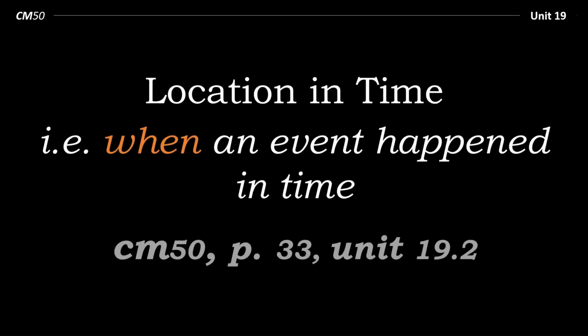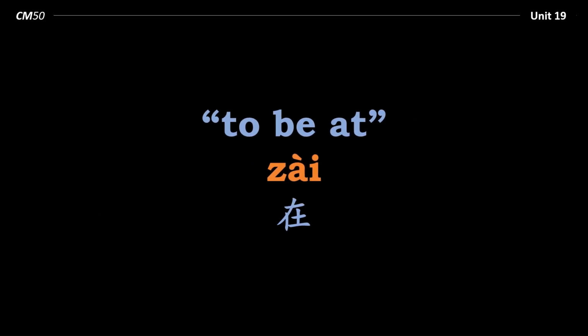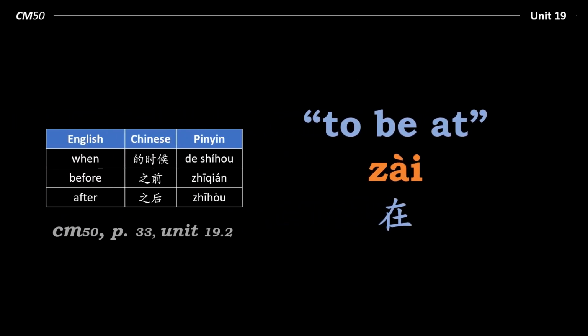How about location in time? I.e., when an event happened in time, where is it located on the timeline? Again, for this, we need 在 and also some other time words. When, 的时候, before, 之前, after, 之后.